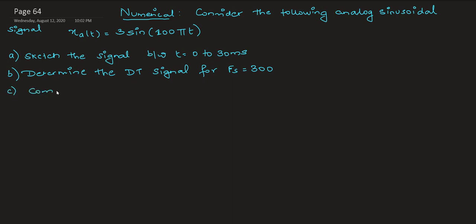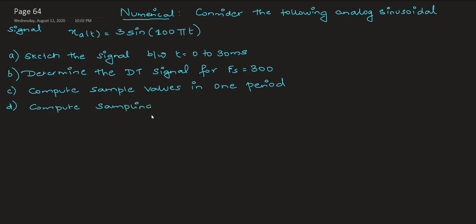Compute sample values in one time period ts. And compute the sampling rate for the signal to have a peak value of 3.